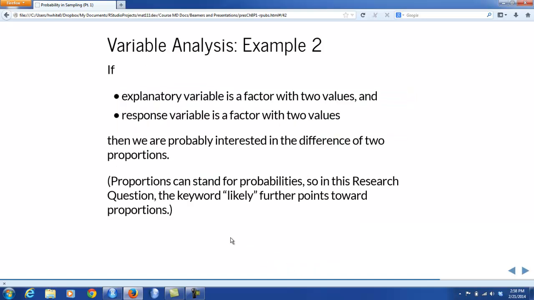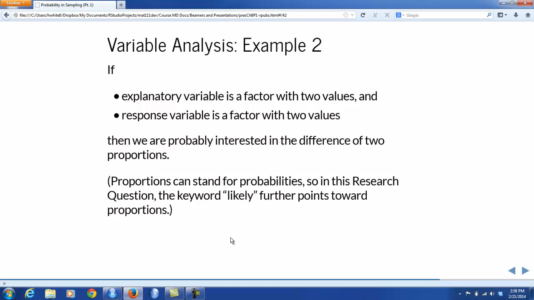Now, if you're in a situation where the explanatory variable is a factor with two values, and the response variable is a factor with two values, then probably you're going to be interested in the difference of two population proportions. I'd also point out that proportions can stand for probabilities. For example, the proportion 0.48 can stand for a 48% chance of something happening. This research question used the keyword likely, and so that gives further evidence that we're probably interested in some proportions in this population.